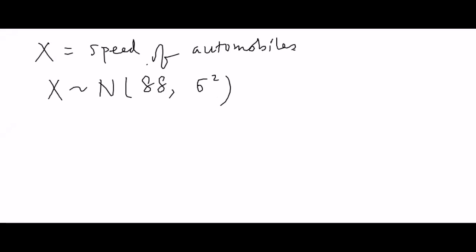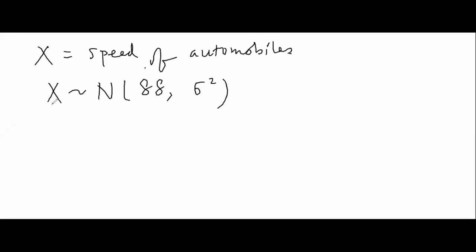What you know is that 10% of the automobiles travel faster than 110, which means from the statement you can construct this information: probability that x greater than 110 is 0.1. So 10% of them.